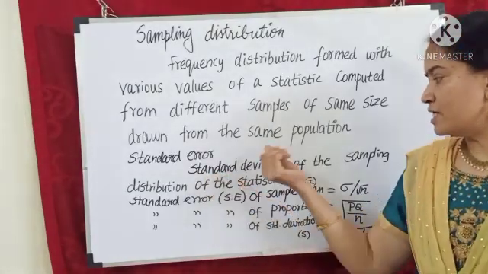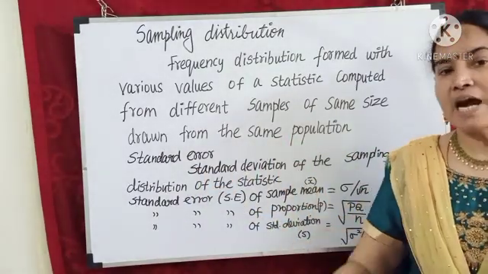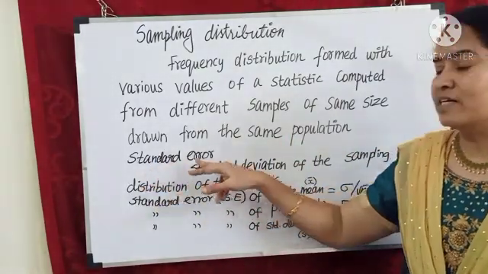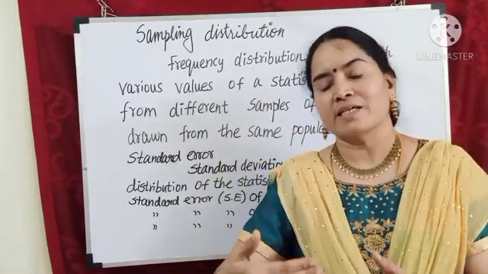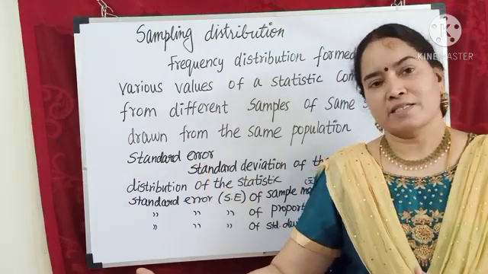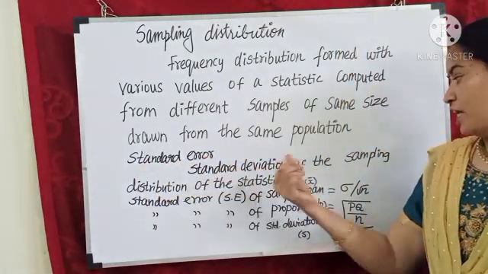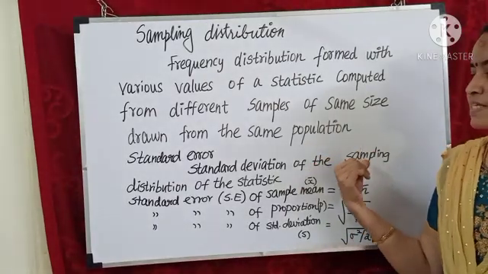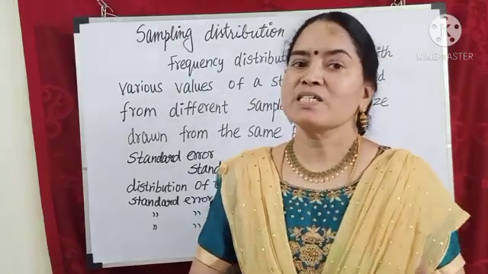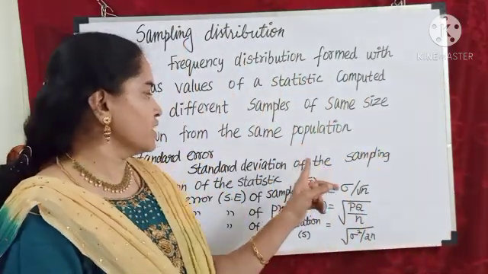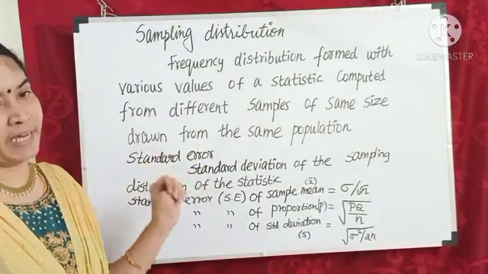The standard deviation of the sampling distribution of a statistic we call standard error. This is a very important term in the subsequent exercises to do. So what is standard error? Standard deviation of the sampling distribution of the statistic.